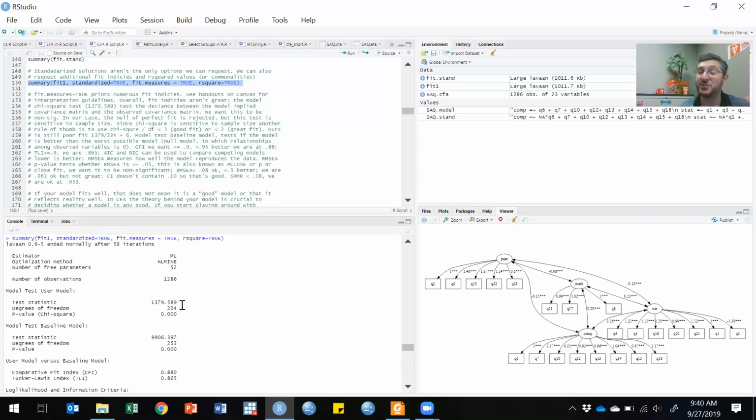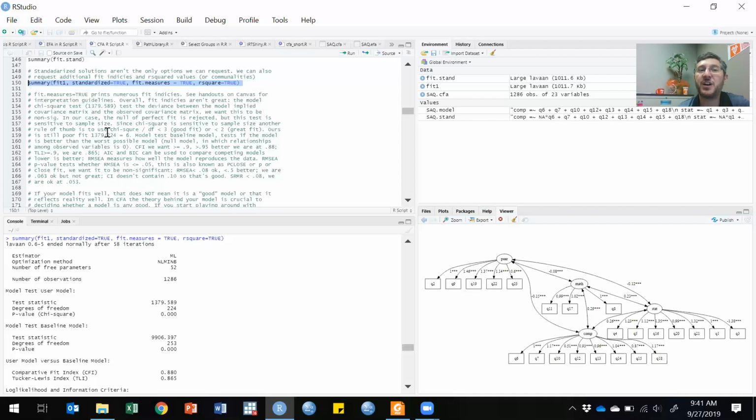I would say that our model is a good representation of these data. In practice, this chi-square test is very sensitive to sample size, so it's not unusual for this chi-square statistic to be statistically significant. So that's why a lot of these other fit indices have been developed.